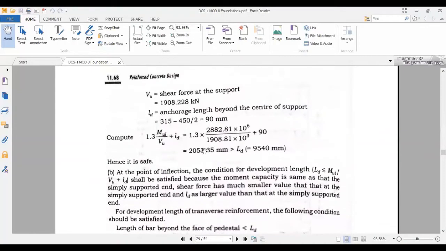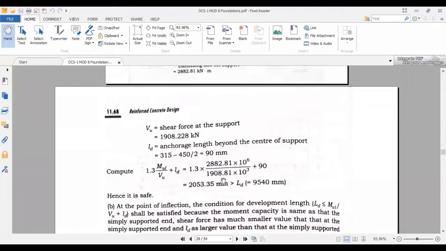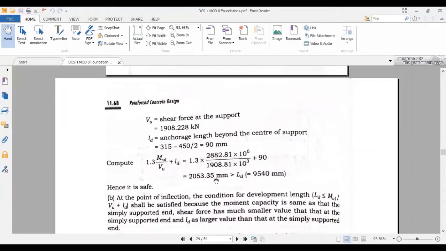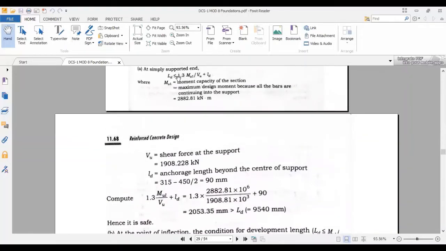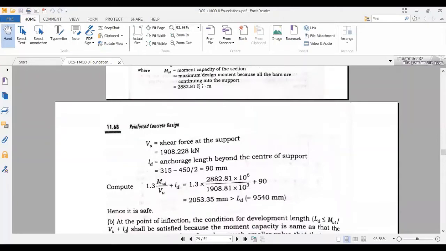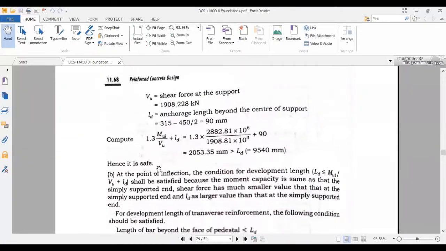And it should be, if it is 2053, it is less than 9540, so this is safe, because LD was 9540, and as we discussed, according to this condition, LD should be less than or equal to this value, so hence it is safe.